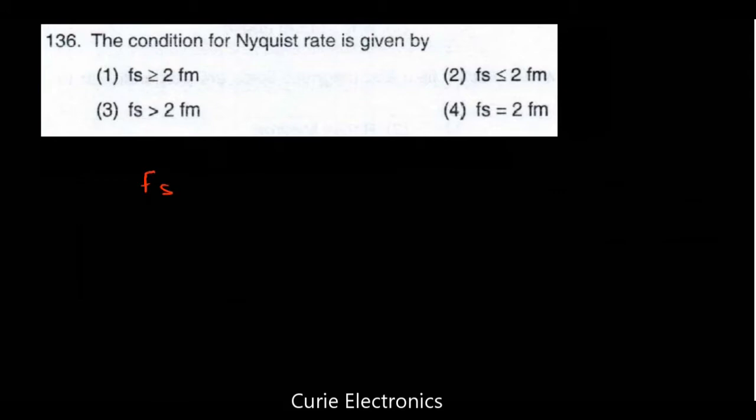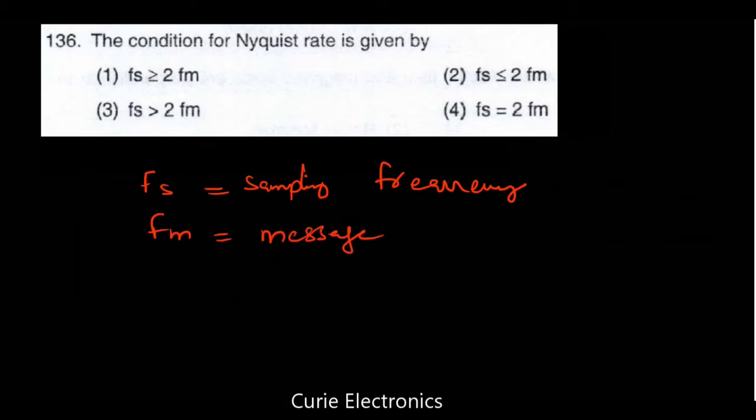Not Fs, Fs is the sampling frequency, and Fm is the message signal frequency.